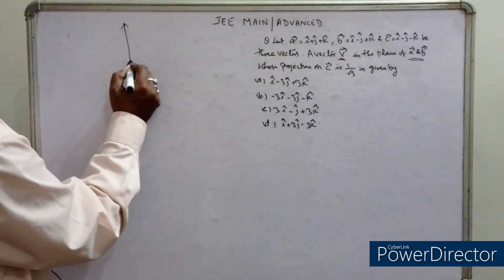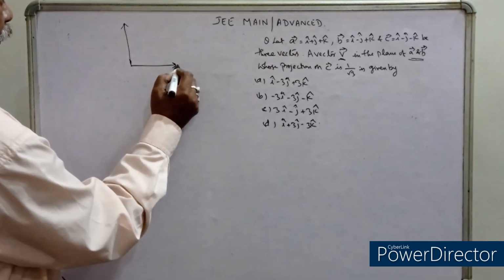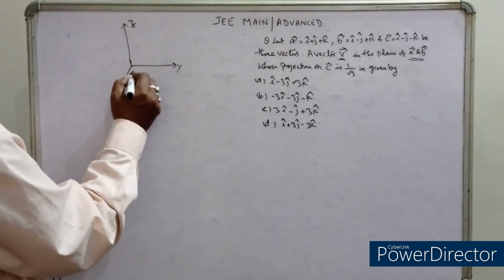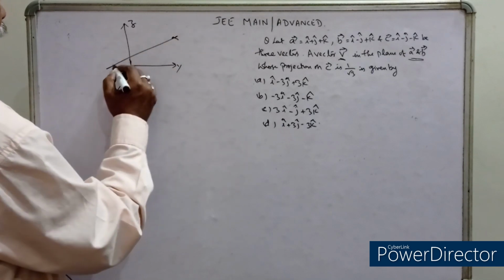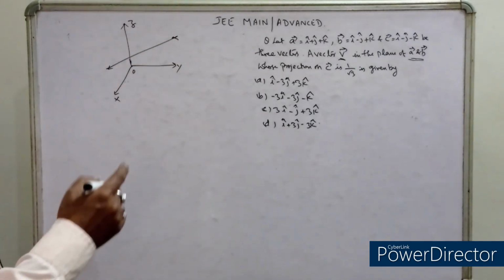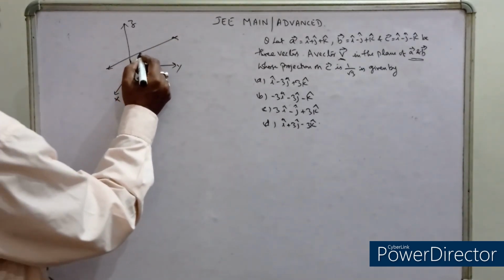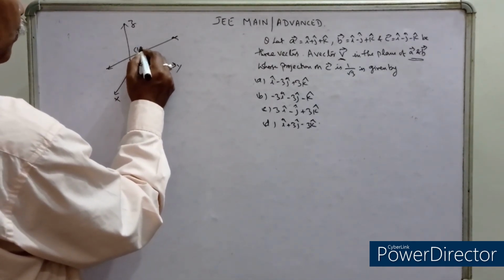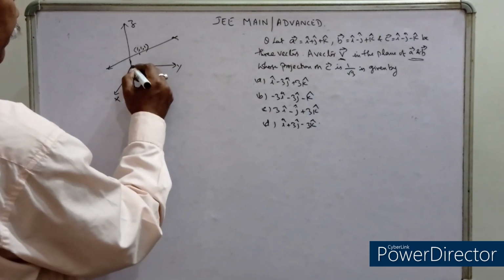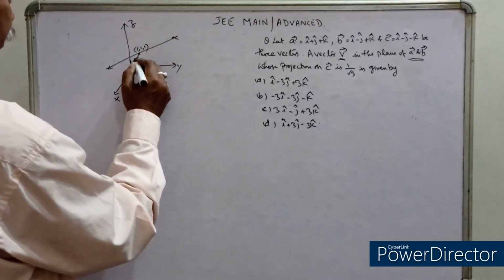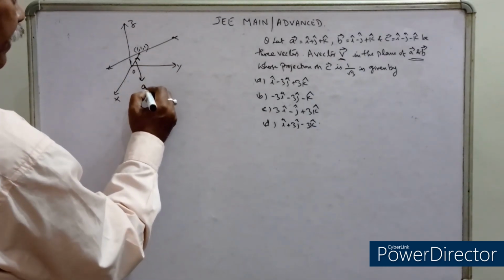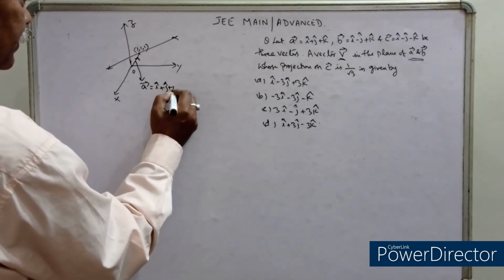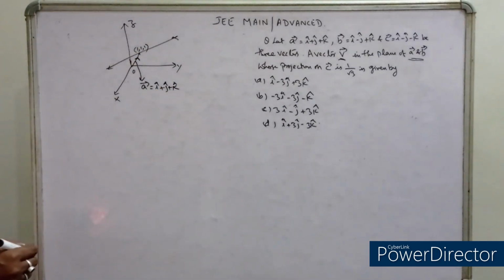So your figure is somewhat like this. Your vector A, this is the point (1, 1, 1), this is your A vector, that is i cap plus j cap plus k cap, so its coordinate is this.